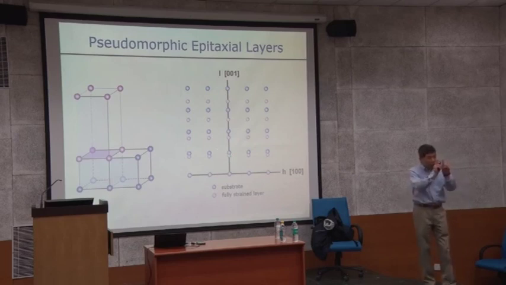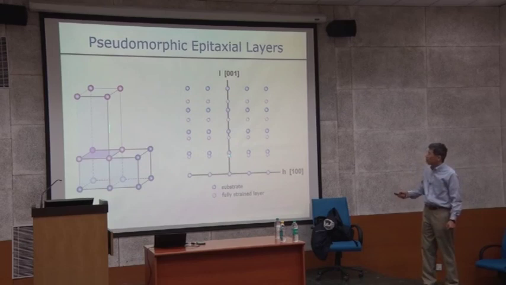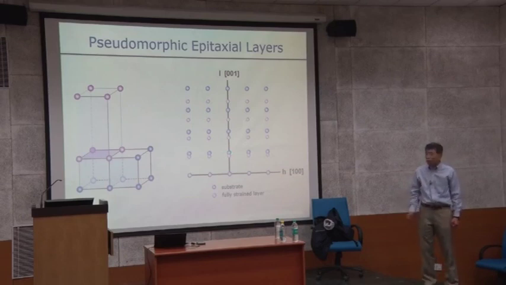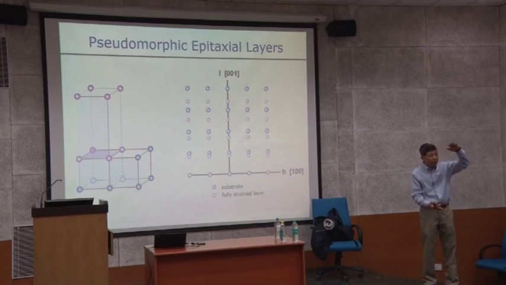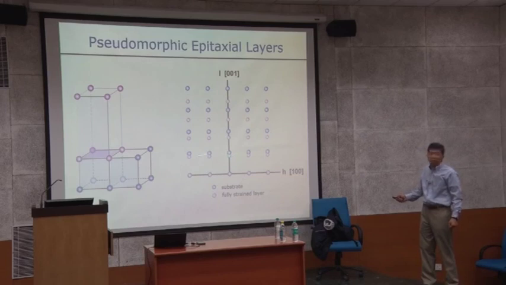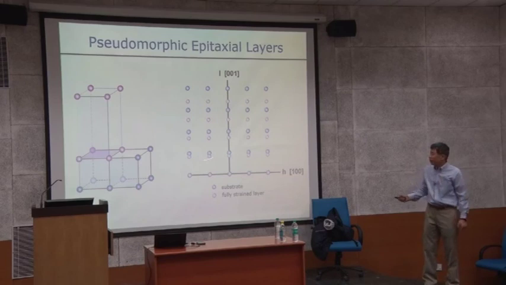One comes from the film and the other comes from the substrate. Your substrate is a lot thicker than your thin film, so this peak is very strong and this peak is weak, but you see the splitting of this peak. From that you know the d spacing, and you can calculate it.